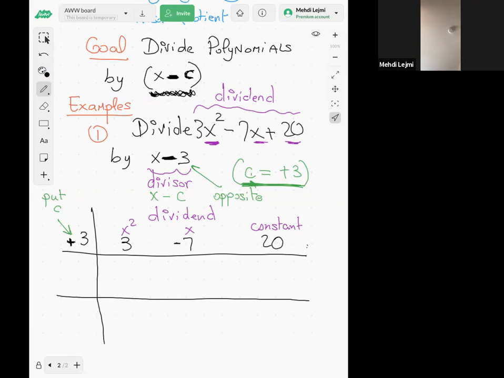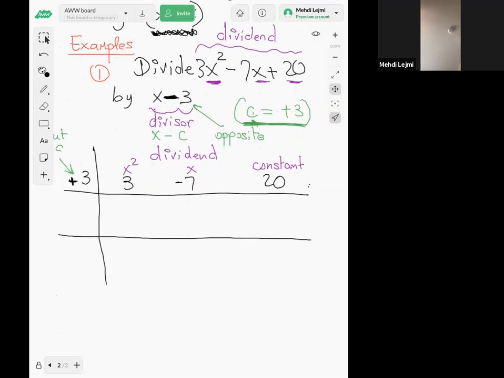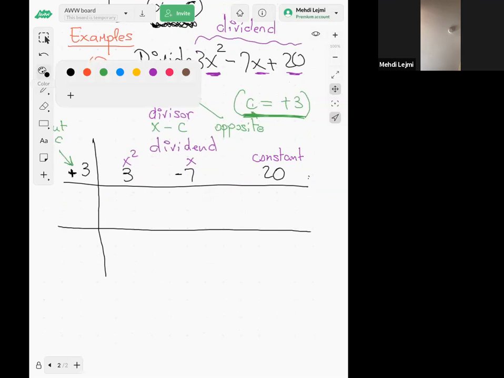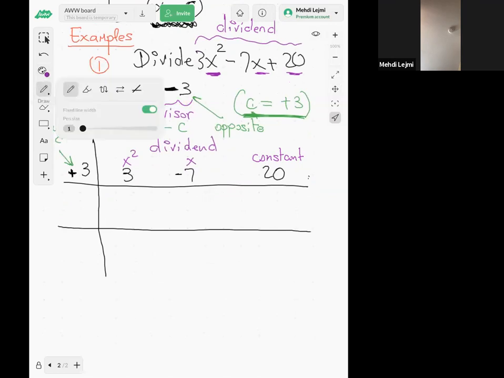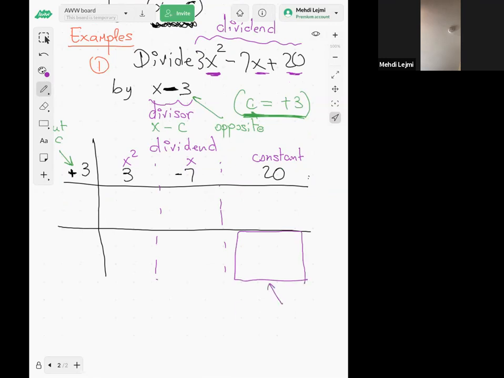Now, in the last row, we're going to have the quotient. In the last column here, this would always be the remainder.